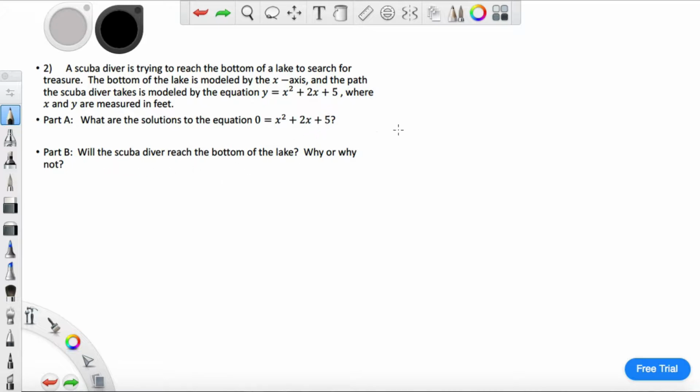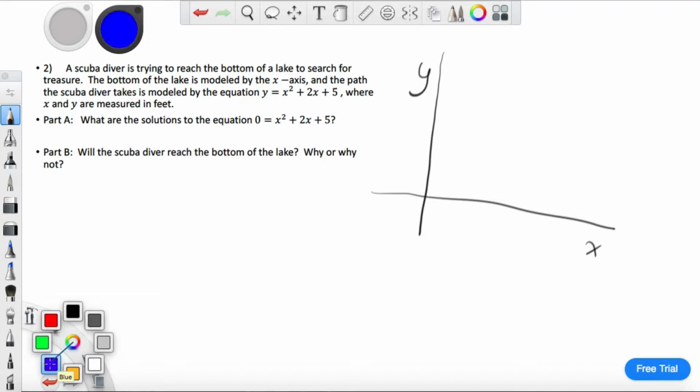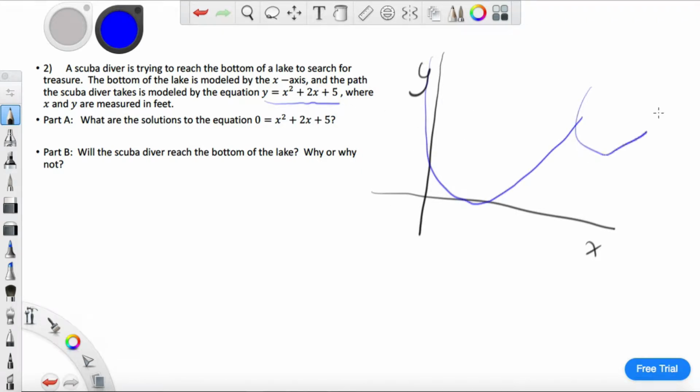Why or why not? Okay, so what we can imagine, if we're thinking about what they're saying here, is that we've got the x-axis, and here we've got the y-axis. I realize that it's a little bit lopsided, but then we've got this equation, and we know that it's a quadratic equation, so it's going to be some kind of parabola, and it's going to either go like this, or like this, or whatever.